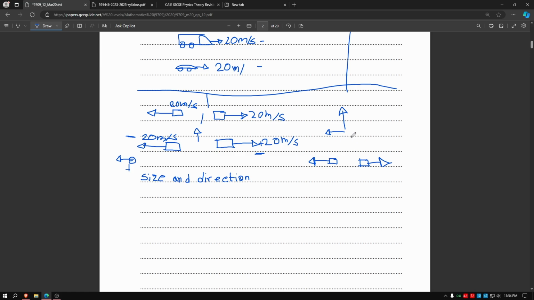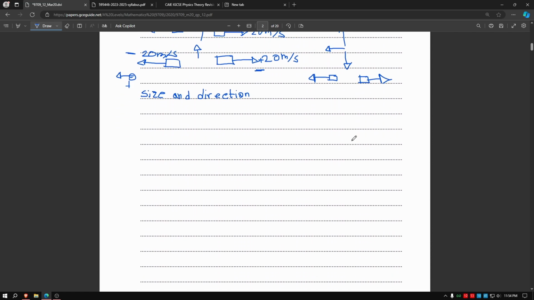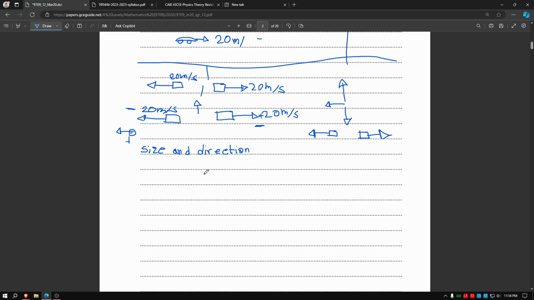So only left, right, and only up, down, right? If something is going up, something will only be going down. Only these kinds of questions are going to be included in O levels for velocity. So that is it on velocity.